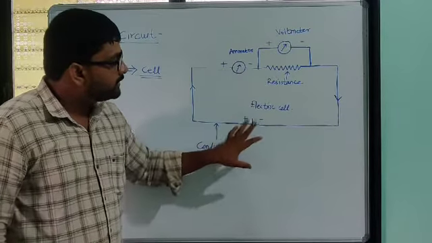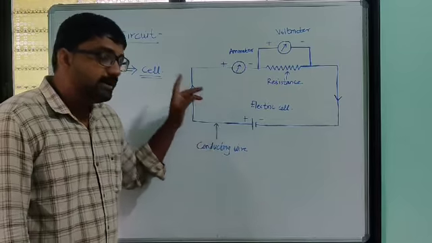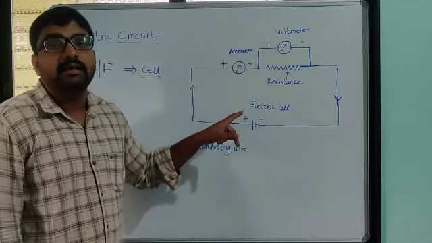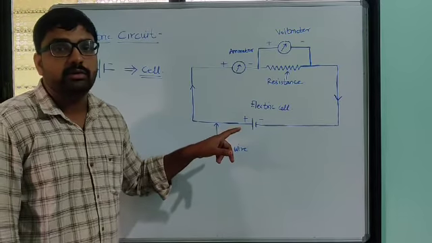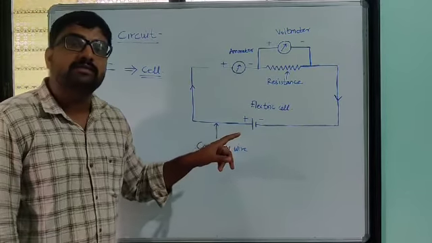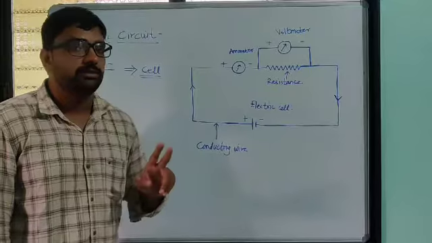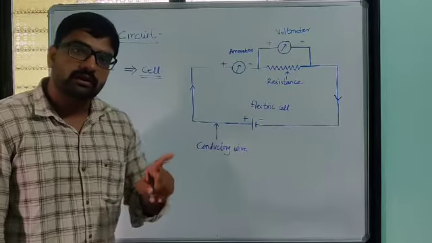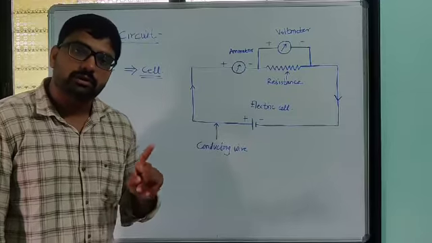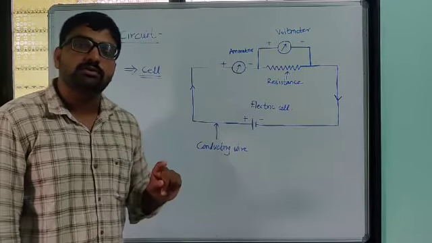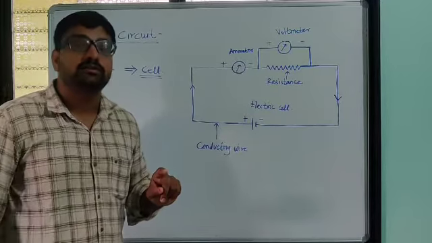Up to now we have studied the topic of resistivity and electric circuit. Resistivity is denoted by the letter rho. Resistivity depends on two terms: the length of the conductor and the area of cross section. It is directly proportional to length and inversely proportional to area of cross section.